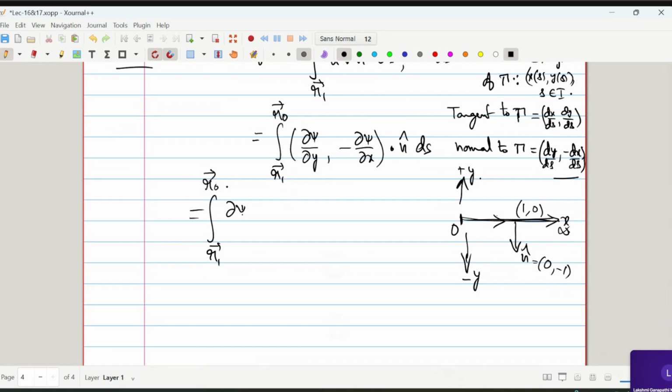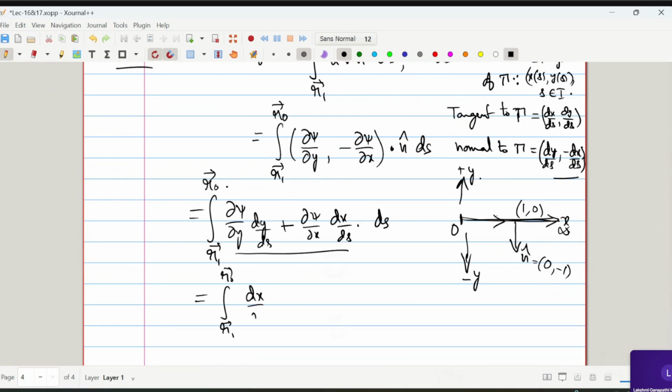So what is this one here? Dou psi by dou y into n cap. In the dot product, the first component is dy by ds. That ds and this ds will go. Plus dou psi by dou x into dx by ds into ds. So what is this whole thing?